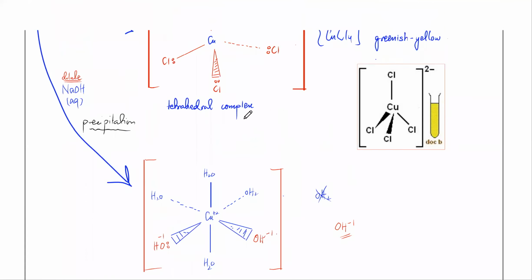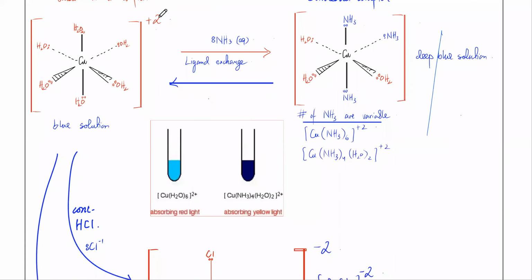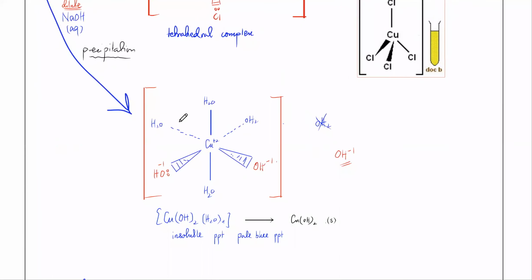Previously the complex had a positive charge, but once 2 OH ions replace the water, the positive charge goes away. So further OH ions are not going to get attracted to it. This is copper hydroxide, which is an insoluble pale blue precipitate.